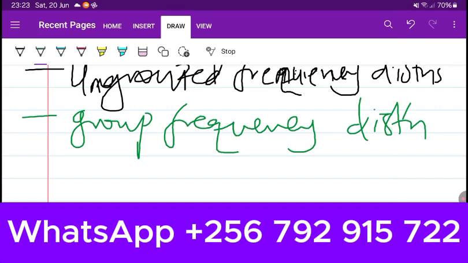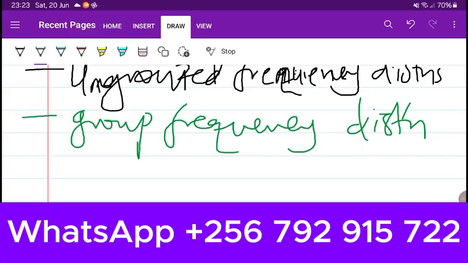So we need to know the difference between the ungrouped frequency distributions and the grouped frequency distributions. This is only applicable when we are dealing with quantitative data.